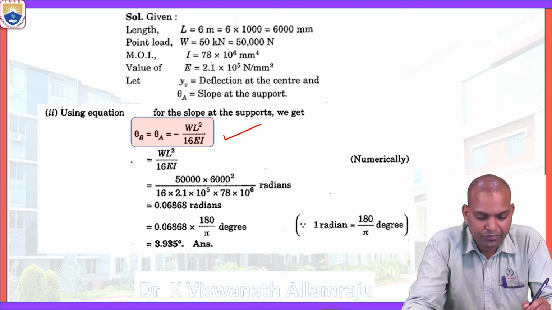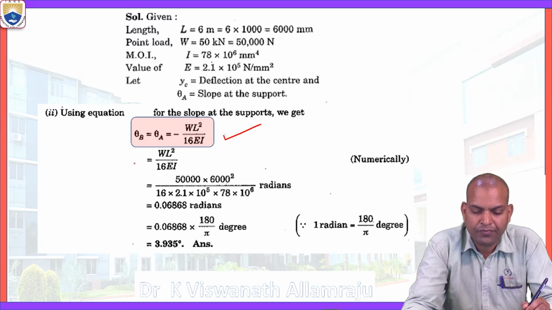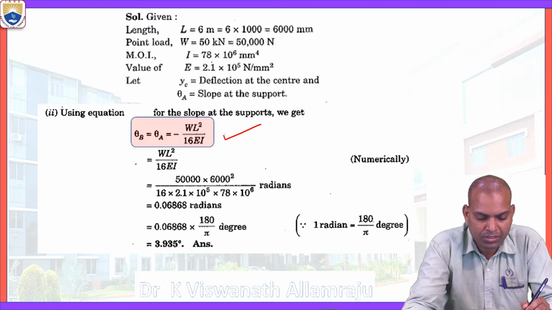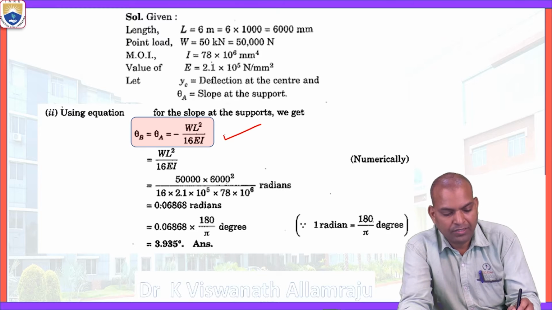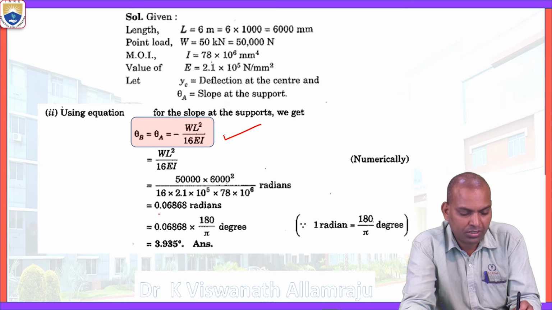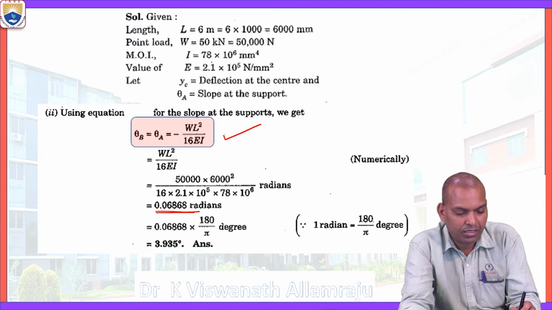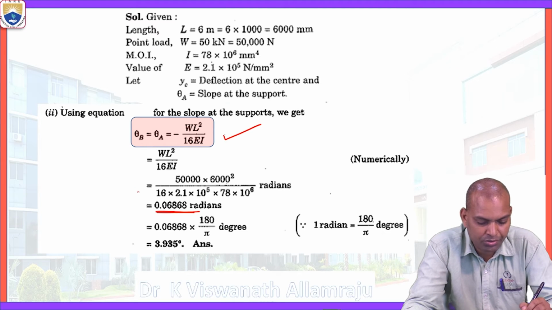We know W is 50,000 newtons, L is 6,000 millimeters, E is 2.1 into 10 power 5, and I is 78 into 10 power 6. After substitution, the value obtained is 0.06868 radians.